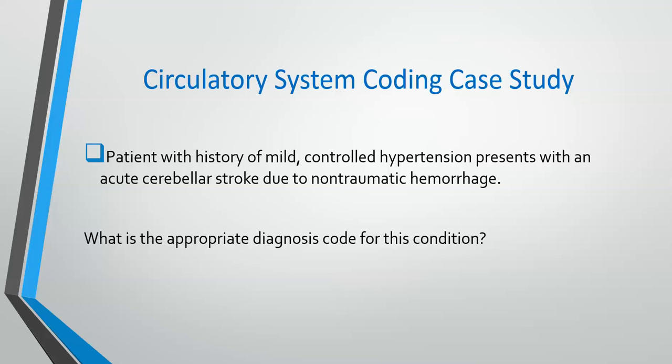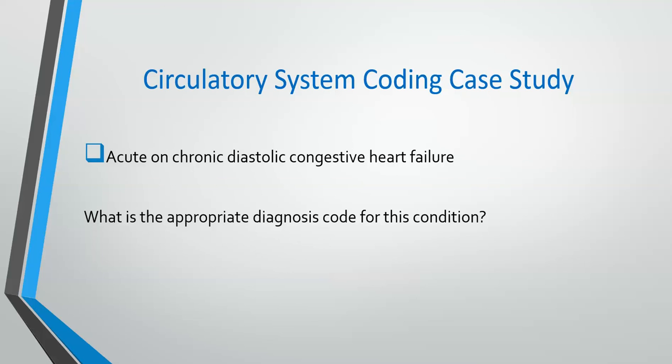Okay, so the next one is acute on chronic diastolic congestive heart failure. So you'll want to go to failure as your main term in the front of your ICD-10-CM manual. Look for heart, and then congestive, or actually you can do, we said acute on chronic diastolic.